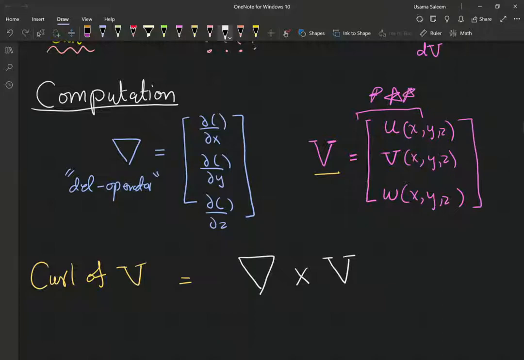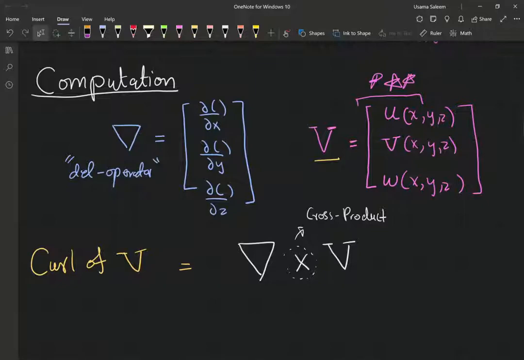Remember, in divergence we had a dot product, but this time we have a cross product. Some of you might remember how to take a cross product, some of you do not, and that's perfectly okay. I'll link some resources in the description so that you can revise your understanding of the cross product.